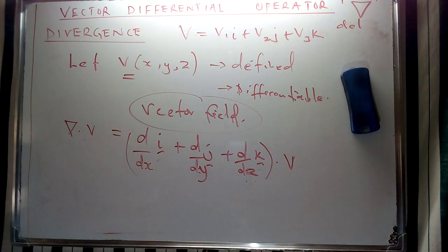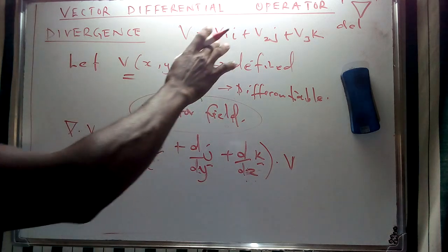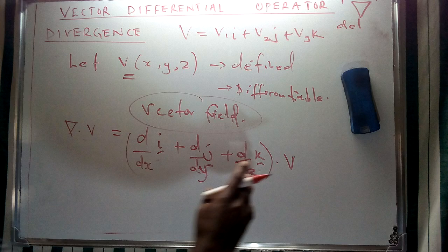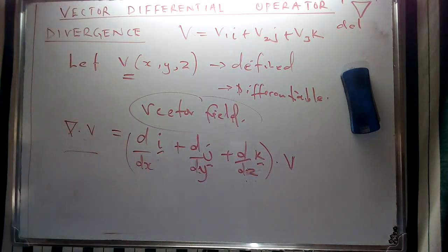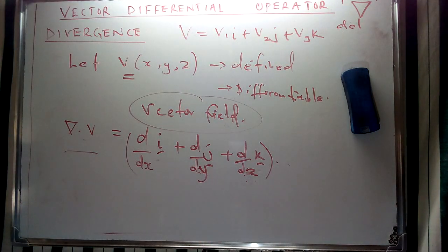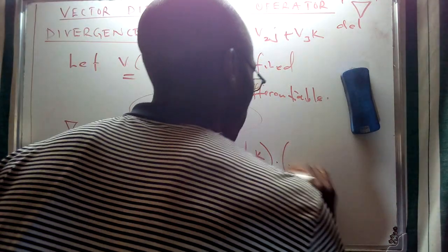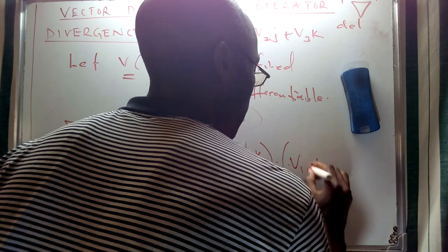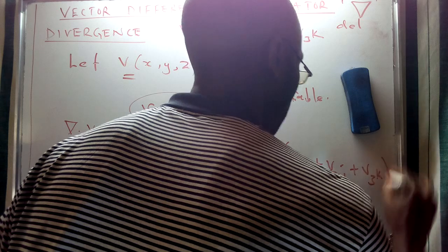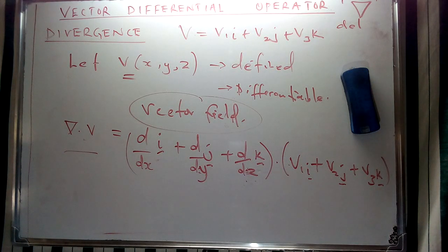We have said that this vector field is differentiable and defined. So the product that defines the divergence of v can be given using these various components of v.